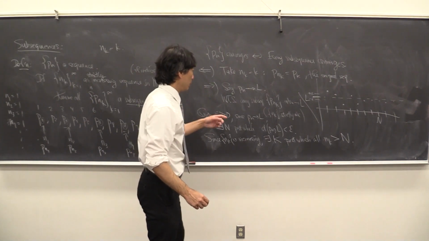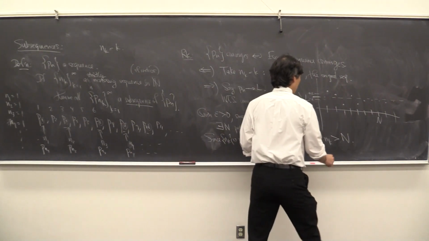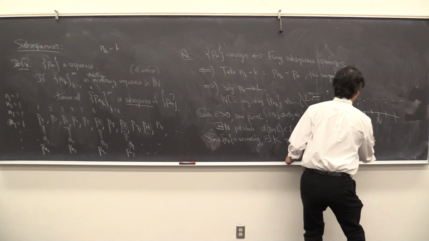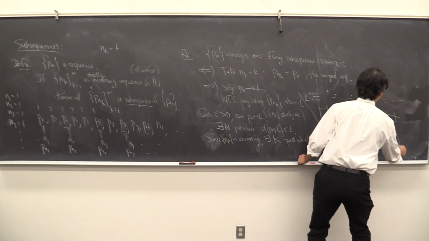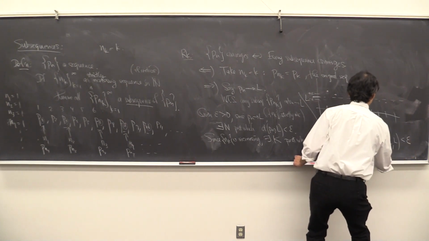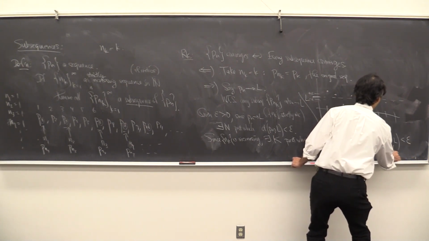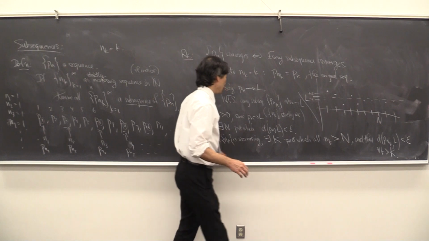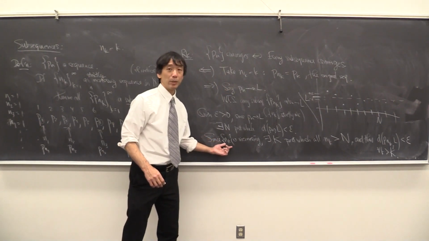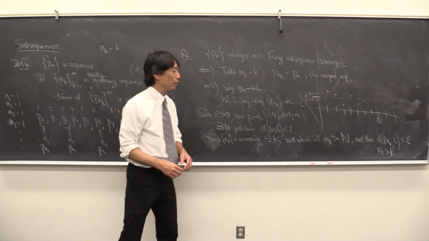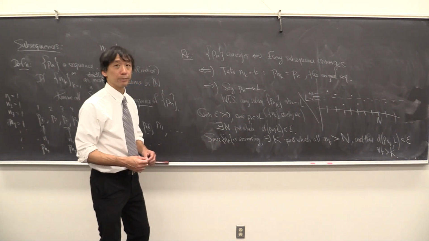And thus, the distance between P sub n sub k and L is smaller than epsilon for all k bigger than that k. And that's what we wanted. We wanted to find a time past which all the subsequence guys were close to L.